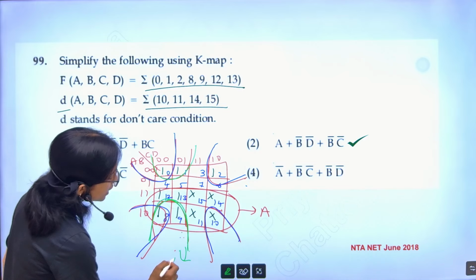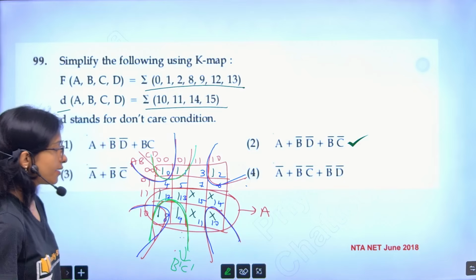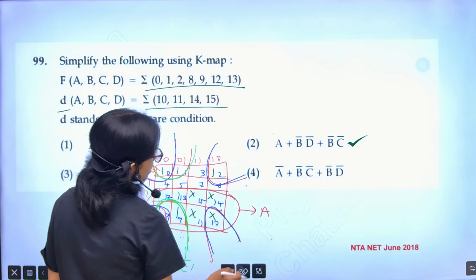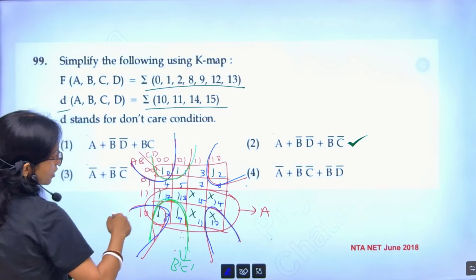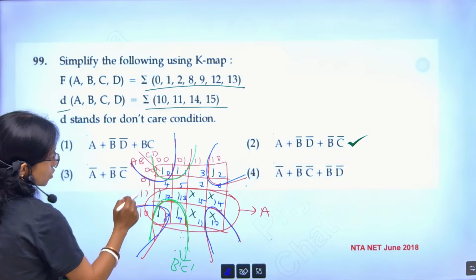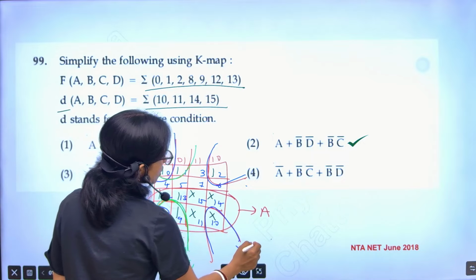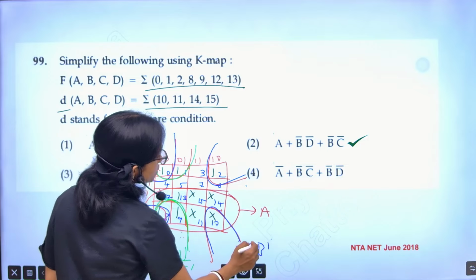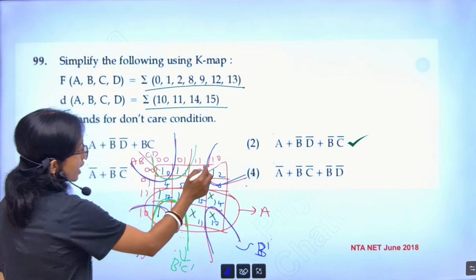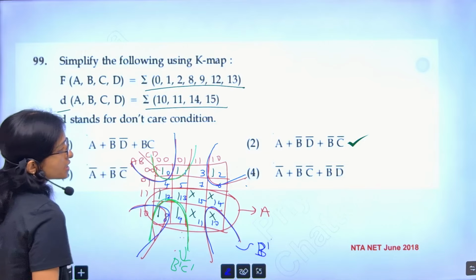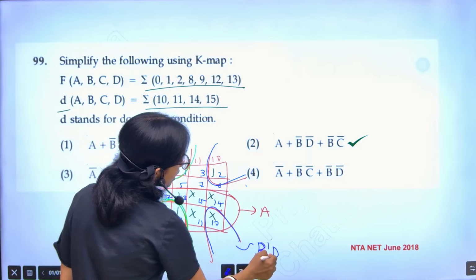So you are getting here B bar C bar. From this corner group, this row and this row are involved, 0 1 will be cancelled, 0 0 means I am getting here B bar, and from this 0 1 cancel means this is 0, that is D bar. So I am getting here D bar.